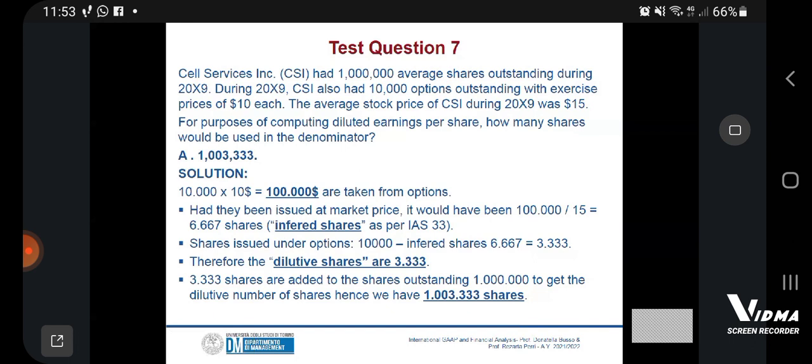That would have been the number of shares I would have issued if I had followed the market prices. Actually, I have issued 10,000 shares. I would have issued only 6,000 and something. The difference between them is the real increase in the number of shares. This is the number of shares that I have to take into consideration as dilutive potential ordinary shares, okay?